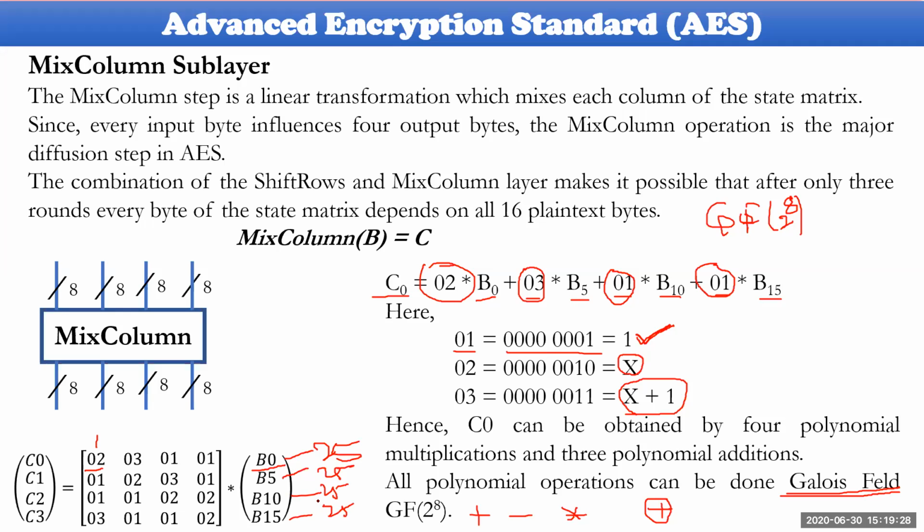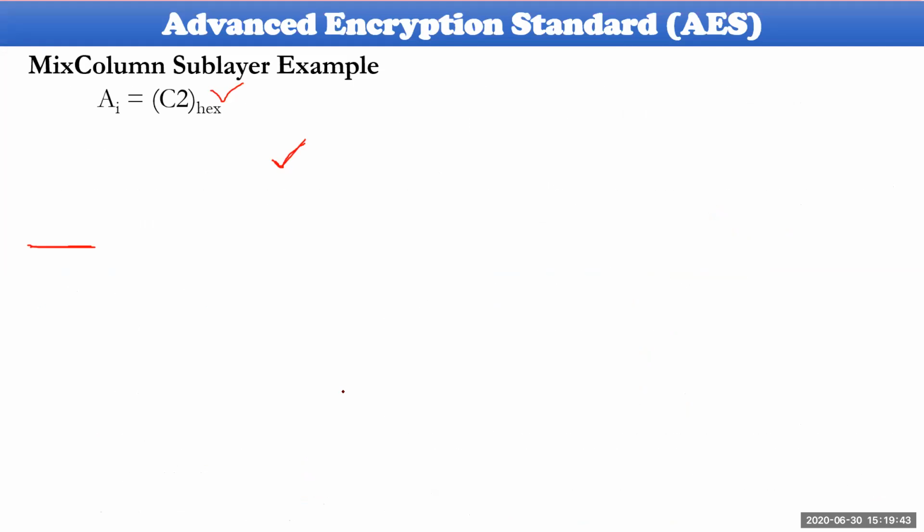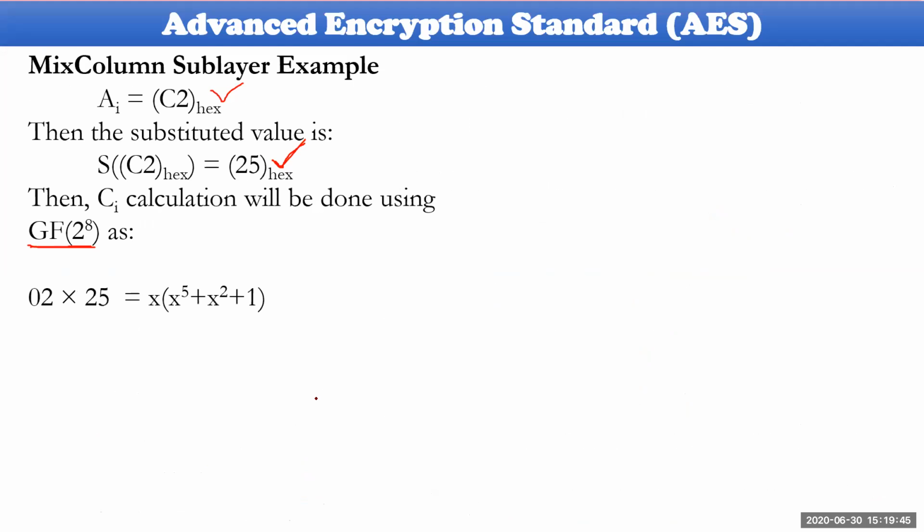Everything is 25. We have taken the example in such a way so that we can identify these values. So 25 into 2, 25 into 3, 1 into 25 and 1 into 25. Let us have a look at how you got this particular value.